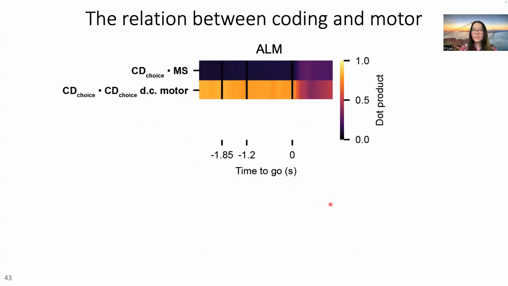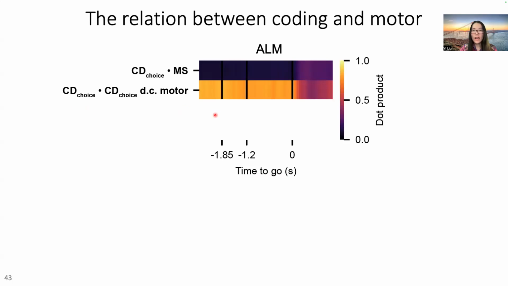Let's again start with the most straightforward dot product. Here, the first row shows the dot product between CD choice and MS, and they are low, indicating that there's a small overlap between the two subspaces. And then the second row shows the dot product between CD choice before and after removing motor.